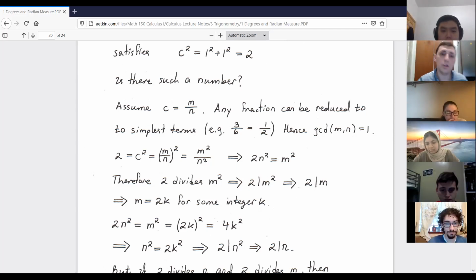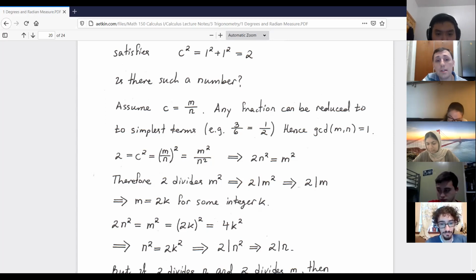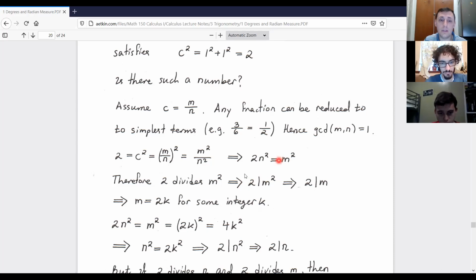Now, if 2 divides m squared, it means that 2 must divide m. It's a prime number. So if it divides the product of 2 copies of m, it must divide each copy of m. So if 2 divides m squared, then 2 divides m, which means m is equal to 2 times k. 2 times some number.